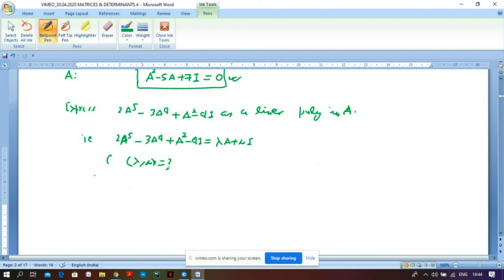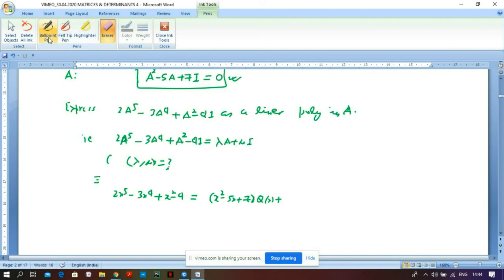So the meaning of this question is: if you have something like 2x^5 minus 3x^4 plus x squared minus 4, you want to express it as x squared minus 5x plus 7 times some quotient and then some coefficient. Because a symbol is used, I'll avoid that symbol.